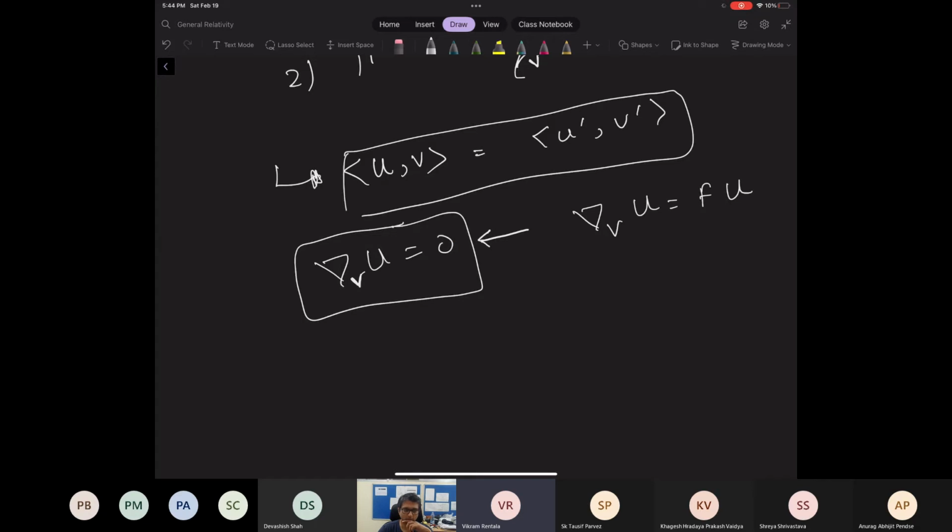So this is too strict a condition. You can get this, but you can always show that it's possible to do a reparameterization of the curve such that the geodesic equation doesn't have this right hand side. But you have to relate the parameter t prime to t. Got it. Thank you.